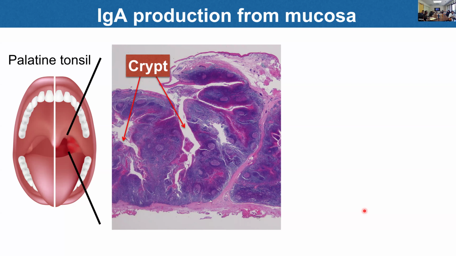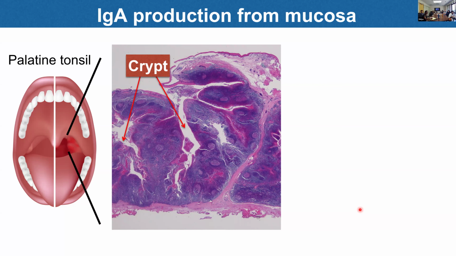So basically, IgA is produced in the mucosal organs. The biggest mucosal organ is the gut intestine. But on the other hand, the main mucosal organ to produce IgA in the upper tract is the tonsil. Here I'm showing the normal histology of the tonsil.